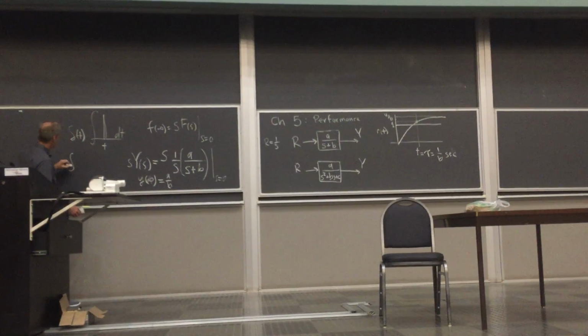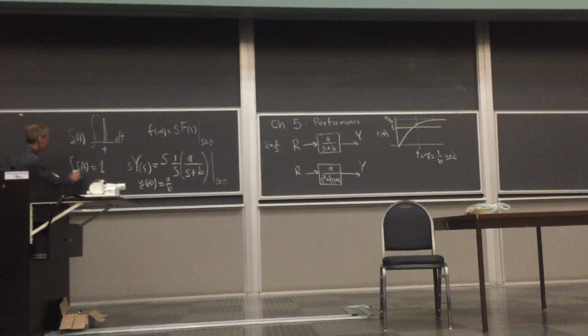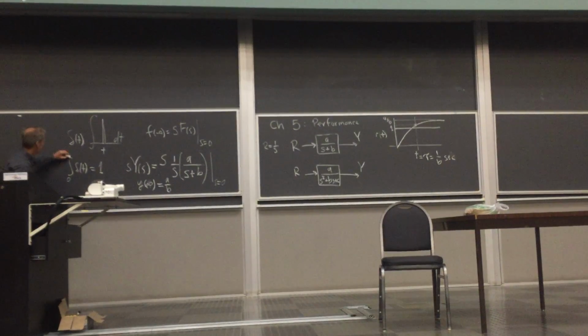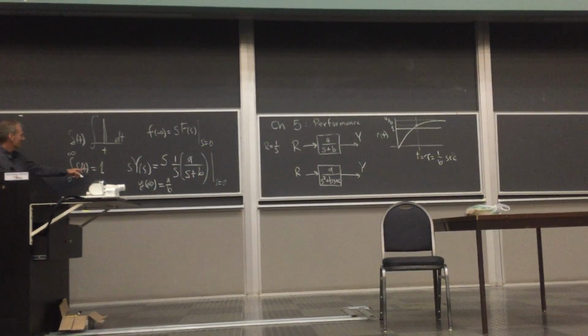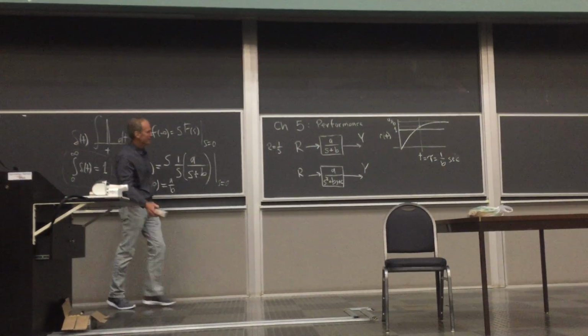The integral of Dirac delta of t equals 1. That's the way it's defined, as long as you start before it, from 0 to any time. It's 1. So that's just the definition of it, and they talk about it in the book.